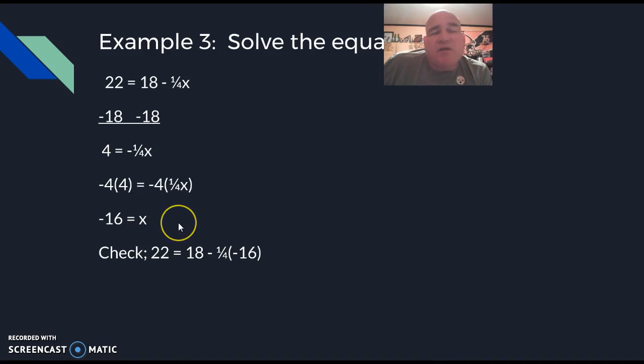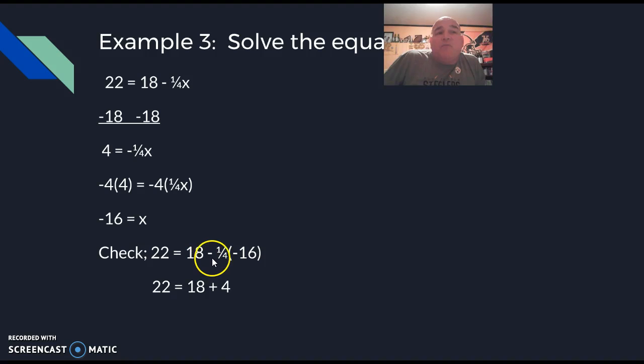And again, we can check our solution. To check the solution, we take the answer that we get and plug it into the problem. So x equals negative 16, so I replace the x with negative 16. I have to multiply first because we're going to evaluate this right side, because that's where the operations are. Negative 1/4 times negative 16, two negatives.